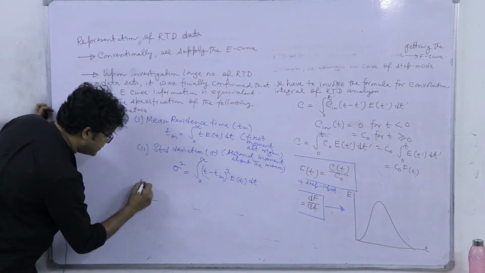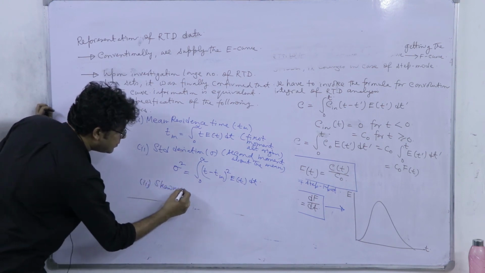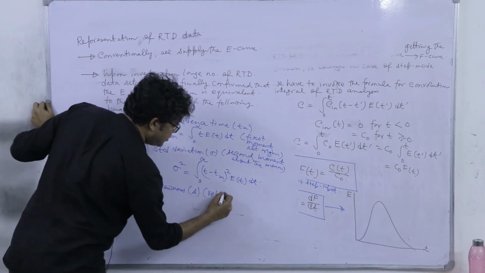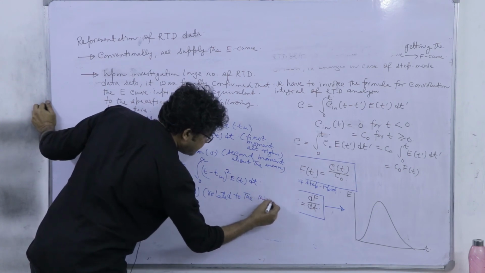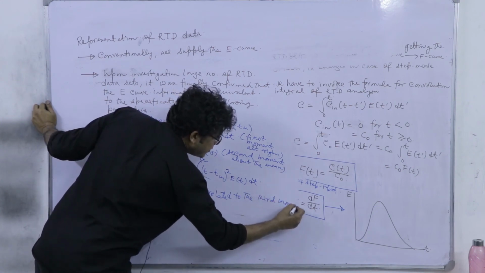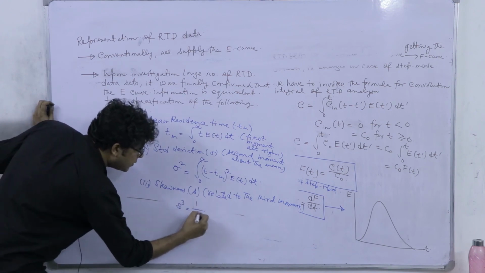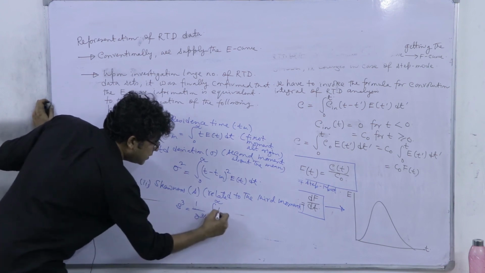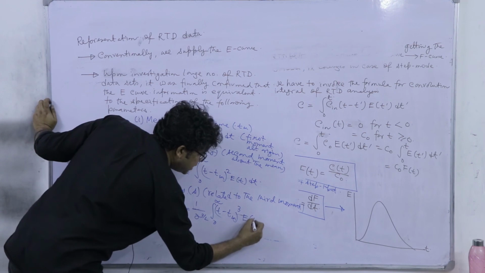And lastly, it is the skewness S, which is related to the third moment. And how is it defined? S cube equals 1 divided by sigma to the power 3/2 times the integral of (t minus Tm) whole cube E(t) dt.